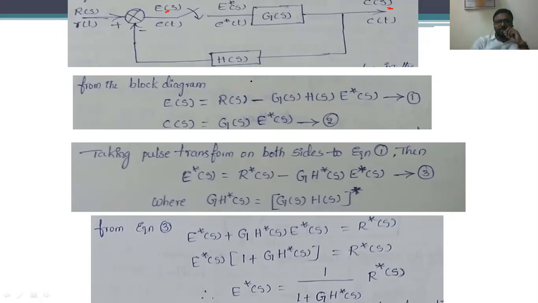Just substitute the value of E star of s here. So E of s is R of s minus G of s into H of s into E star of s, and the output of the system is C of s, the product of G of s and E star of s.